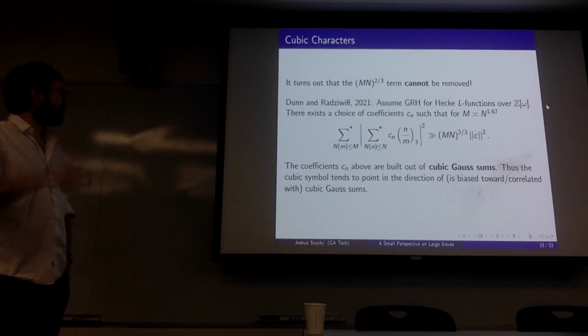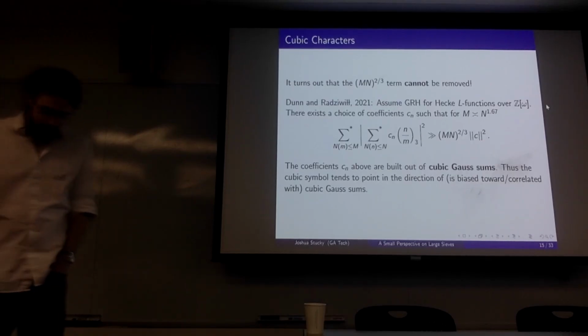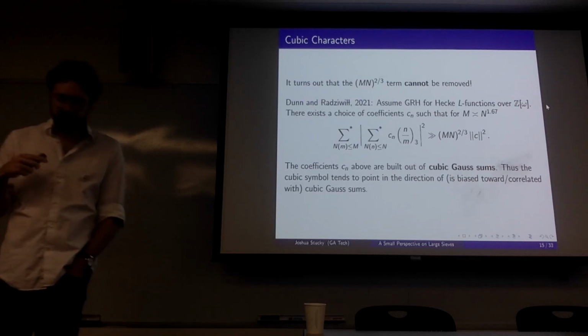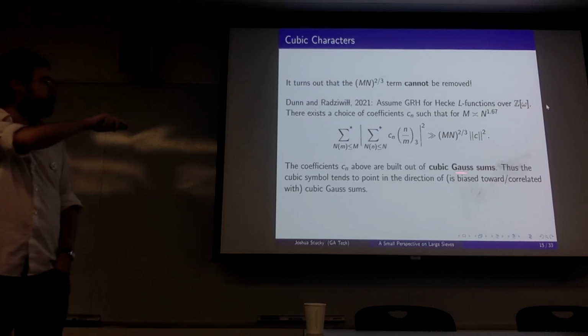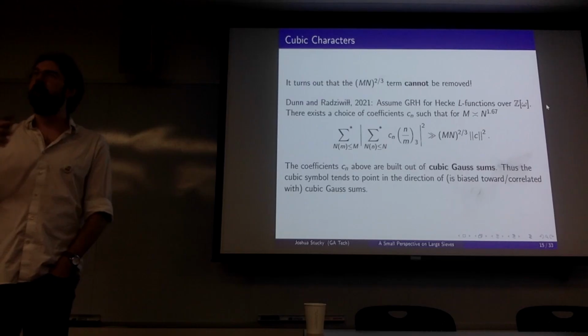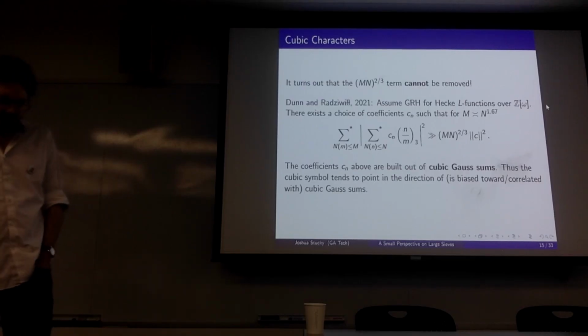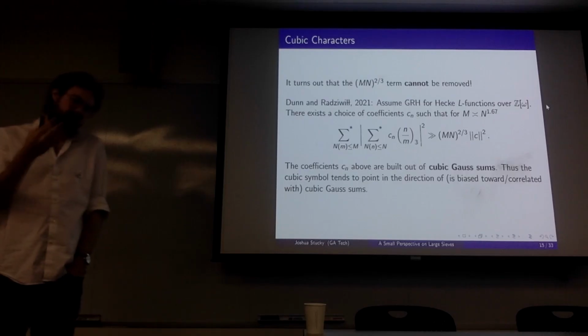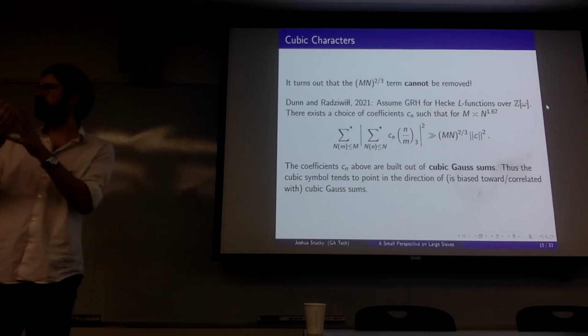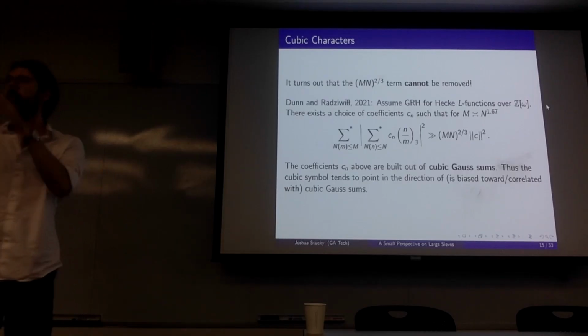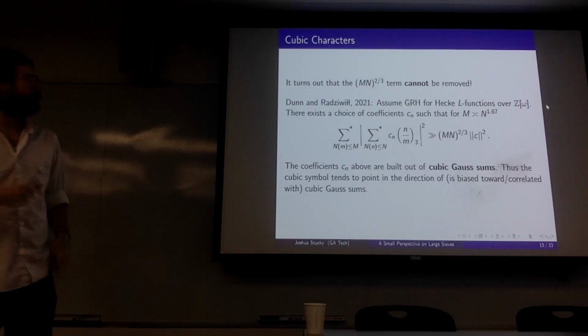Either way. Okay, anyways, how do you actually concoct these coefficients? Well, they're really built out of cubic Gauss sums, or rather conjugates of normalized cubic Gauss sums. And so what this is telling you is that the cubic residue symbol in this kind of odd way is biased towards cubic Gauss sums, or correlated against, however you want to say it.